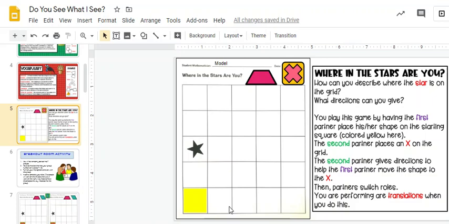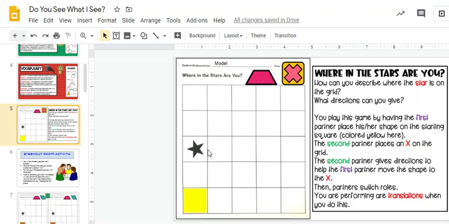So you could describe this to someone else as the star is located in the far left column of the grid, and it is in the third space, so in the third row. So first column, third row, left column, third row, however you want to say it.